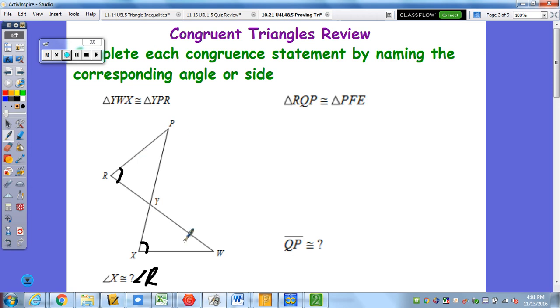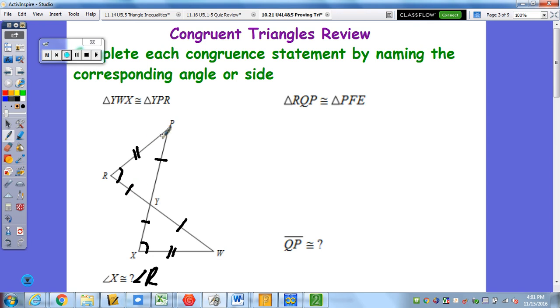YW is congruent to YP. WX is congruent to PR. And the last one we can see here is that XY is congruent to RY.